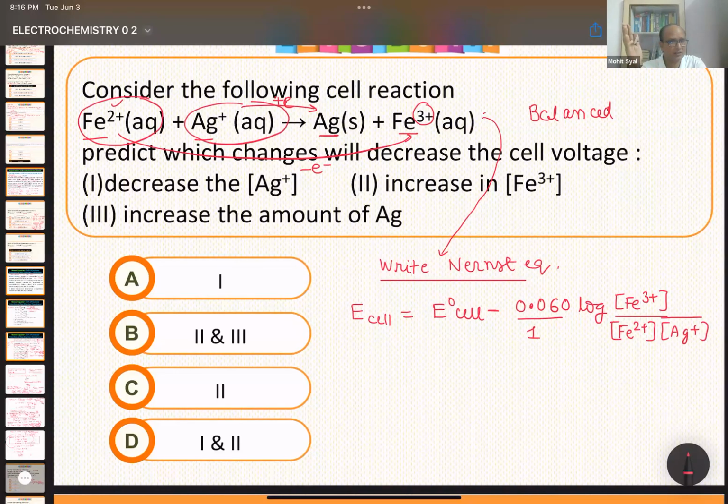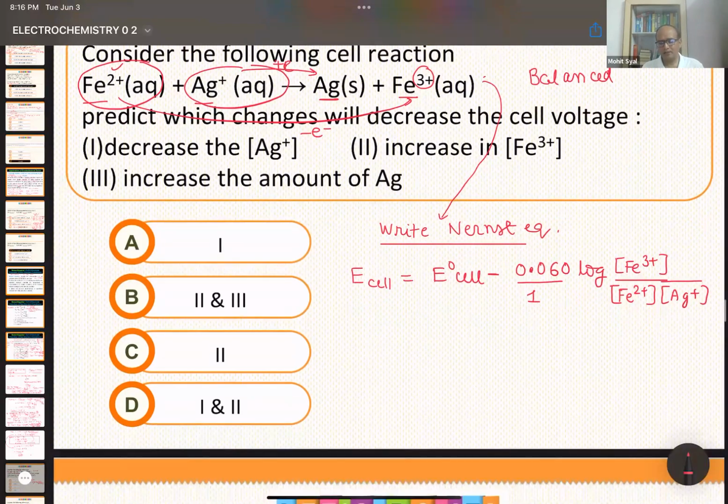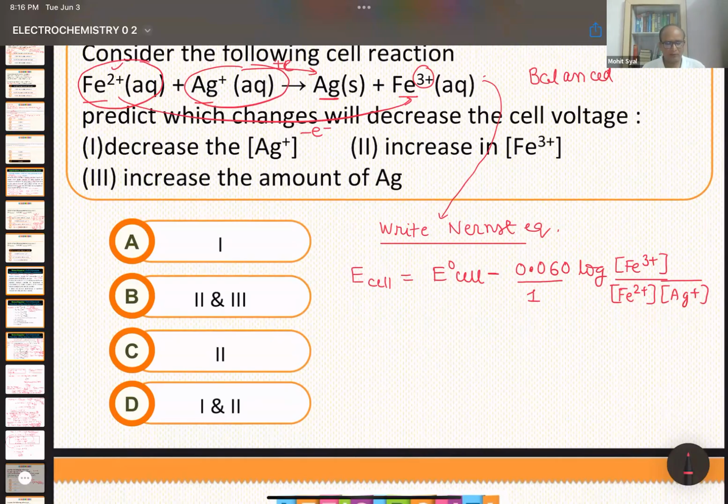Concentration of products divided by reactants, each raised to the power of its stoichiometric coefficient from the balanced chemical equation. The stoichiometric coefficient is 1. So concentration of product divided by concentration of reactants. This is the Nernst equation, Ibrahim. I hope this is clear. Any doubts up to this point? All of you? No, sir. Okay. So I have written the Nernst equation. So predict which change will decrease the voltage.